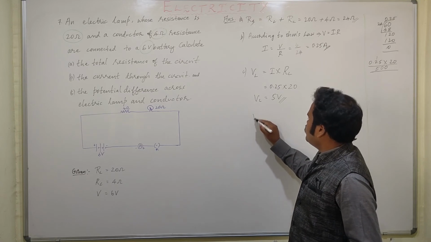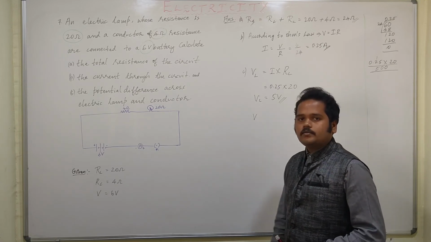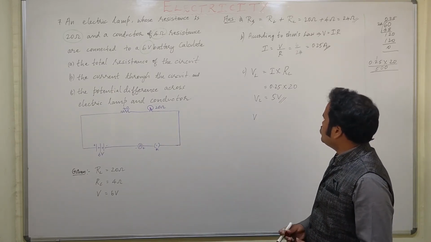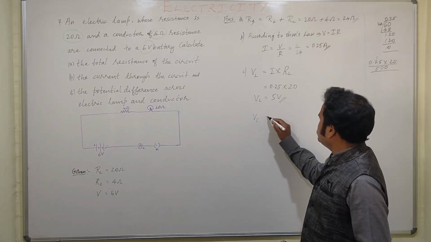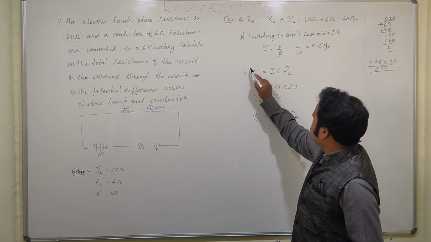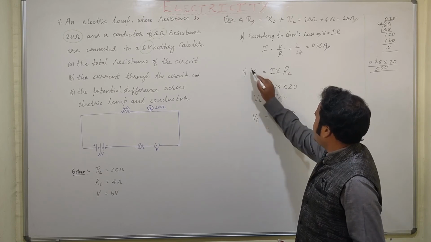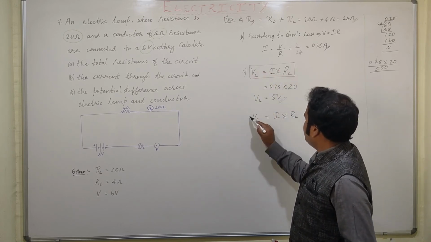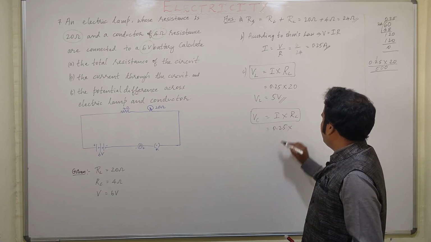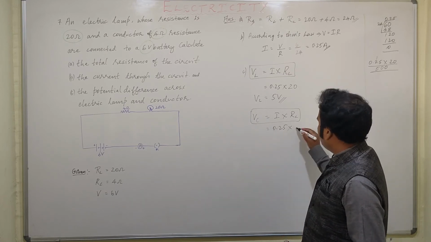The second part, we have to find the voltage drop across the conductor. What is the voltage drop across the conductor? So we have the formula VC is equal to I into RC. So what is the value of I? I remains the same, 0.25, into RC, which is 4.